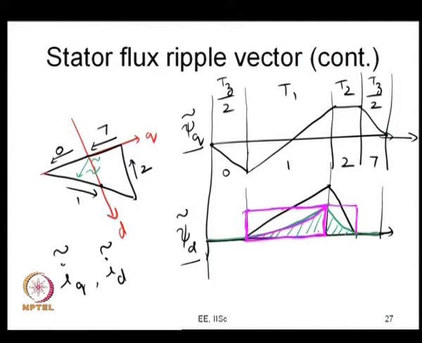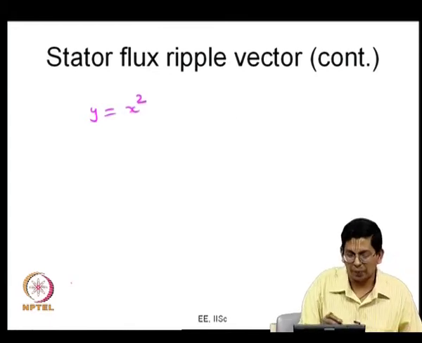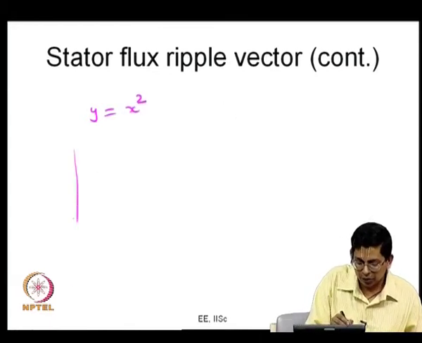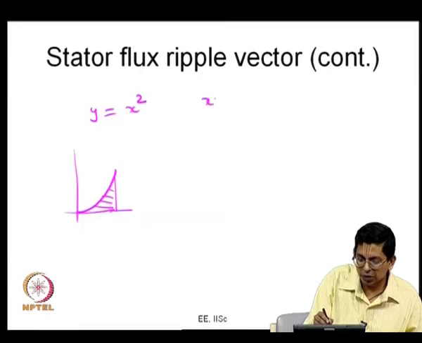Now, we will discuss this a little more, probably in the next class, in a slightly more relaxed fashion. Again, the area under this parabola is equal to 1/3 of the area of this rectangle. It is not very difficult, because in the parabola, y is equal to x squared is the equation. If you integrate it from 0 to x, you will see that the area is x cube by 3.